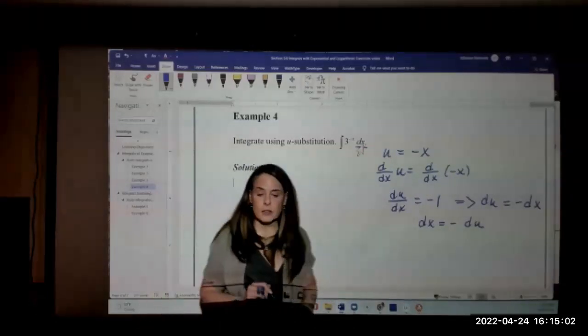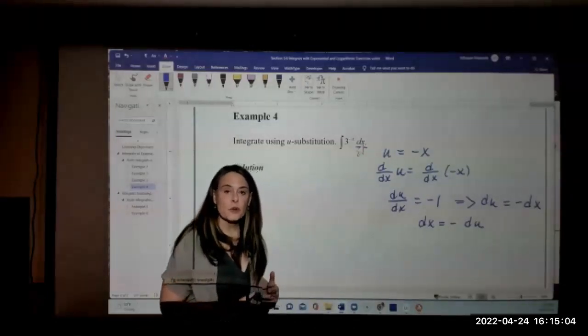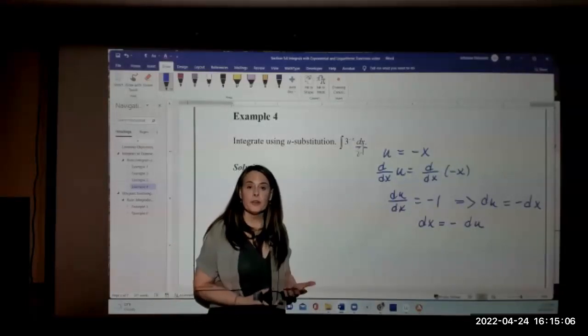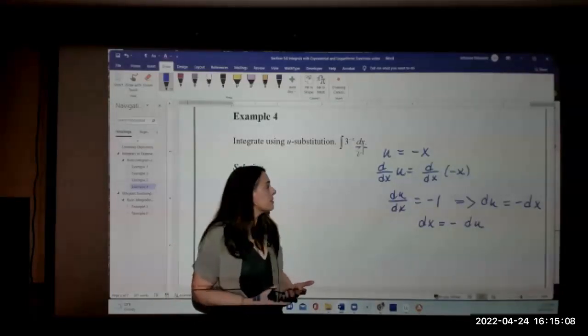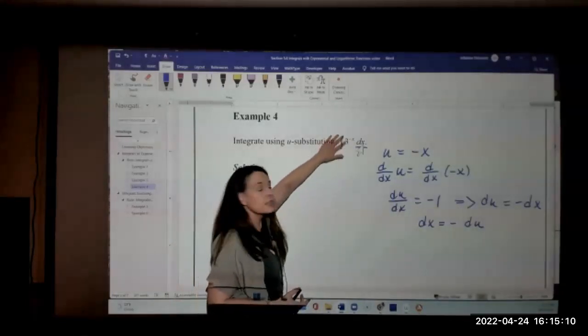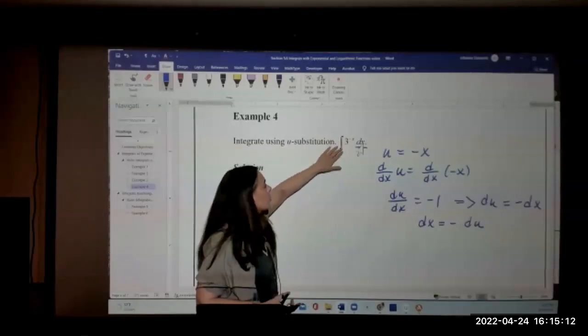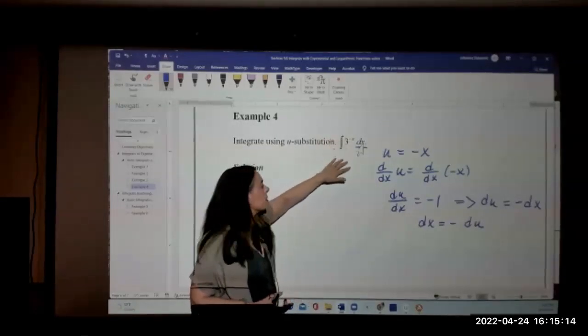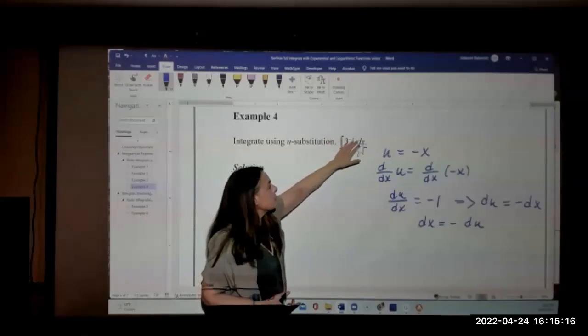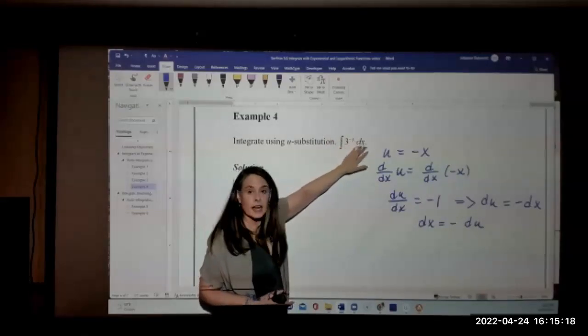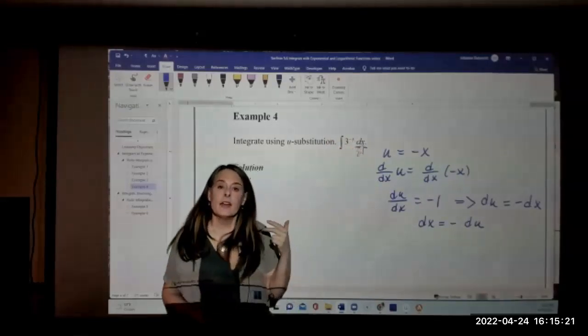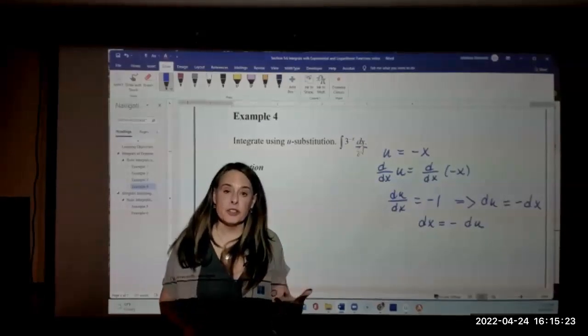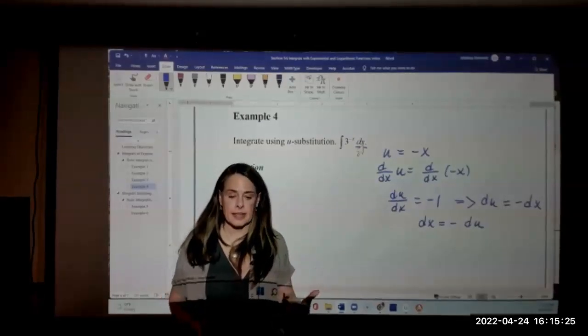Now we need to take a look and see if it was a definite integral or an indefinite, so we know whether or not we need to substitute out the limits of integration. This one was an indefinite integral, noted because there are no limits of integration. So the integral of 3 to the negative x power dx will give us an antiderivative function up to a constant c.